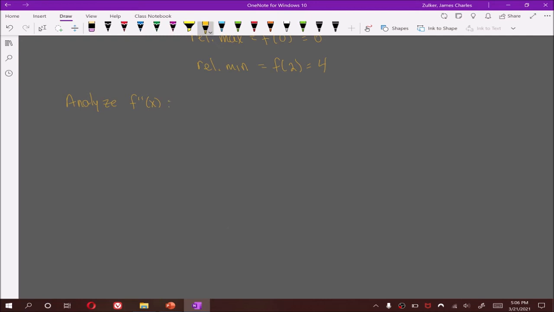Right, we now look at the second derivative. Once again, quotient rule. And if we simplify this, we'll be left with 2 over x minus 1 cubed.